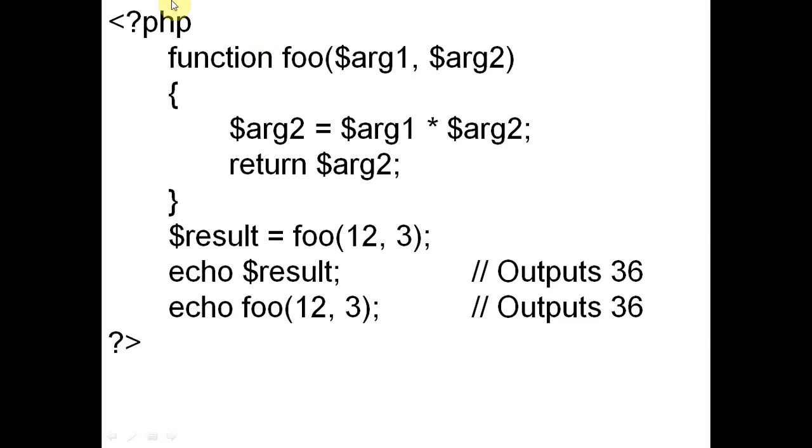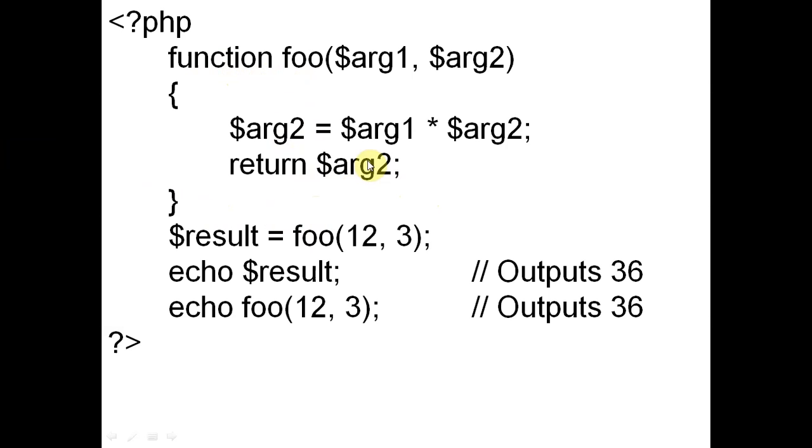You can see here we are multiplying arg1 by arg2, and the multiplication of these two numbers will be transferred to arg2, and then we are returning arg2. So here there is a return statement also. As we know, in PHP we don't have different data types, so there is no return type of the function, but we can write the return statement here.